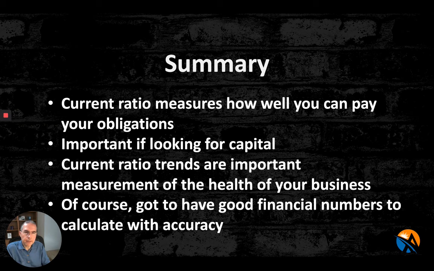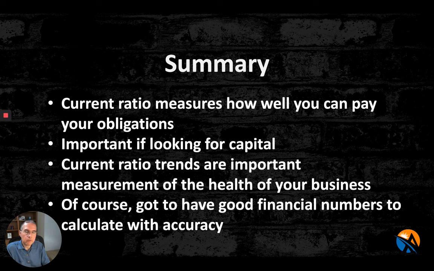And of course, you have to make sure you have accurate numbers when you're calculating the current ratio. In fact, it utilizes what we call the accrual basis of accounting, and what that means is that we're recording our transactions based on when obligations are incurred versus when they're paid. So you want to record your obligations when you incur them and not when you actually pay them.